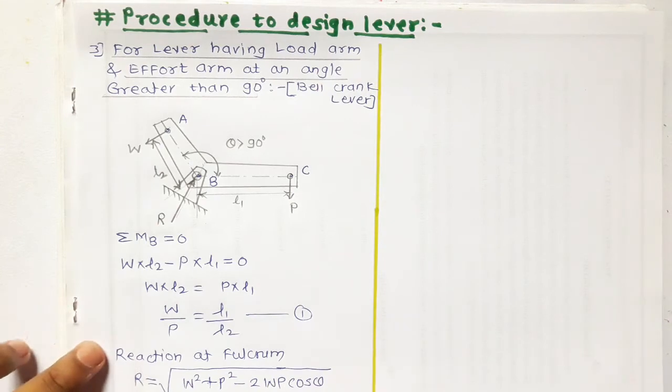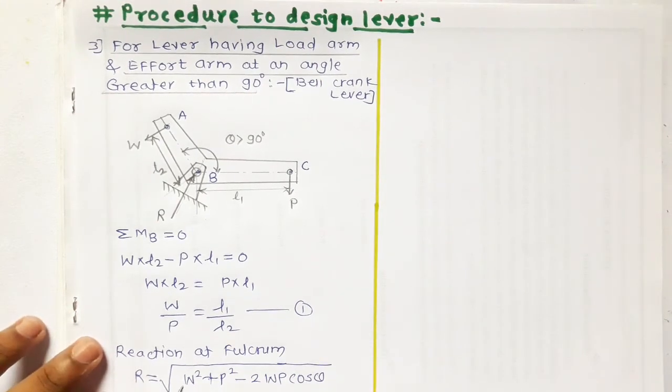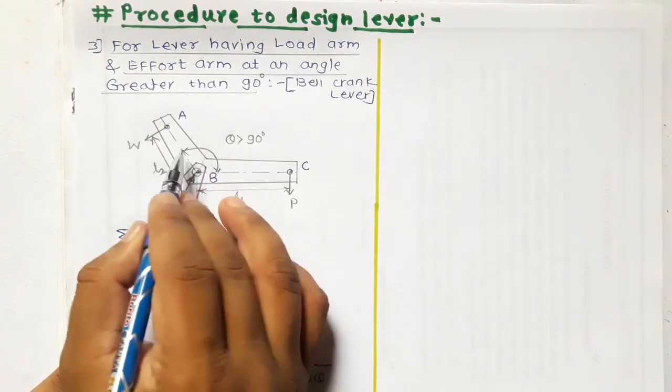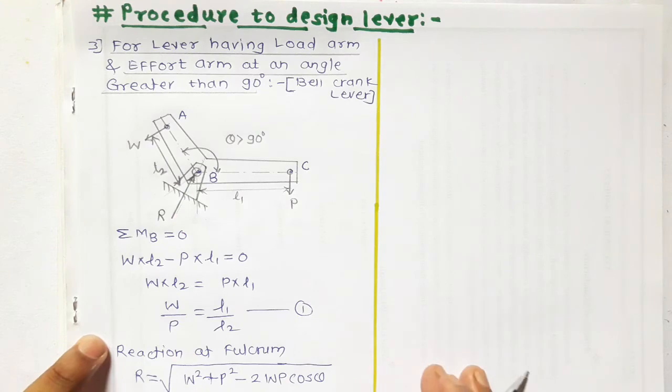Here W is the load acting on the lever, P is the effort required to lift this load, and theta is the angle between the load arm and effort arm, which will be given in the numerical.